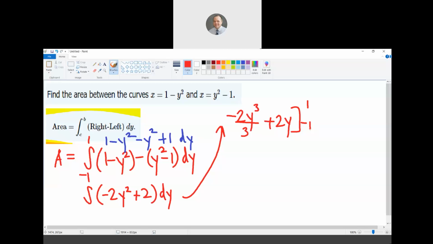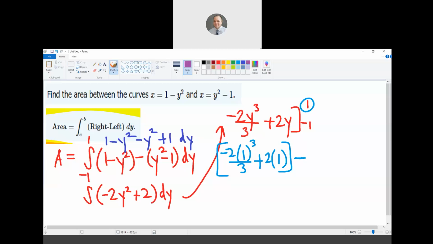Now, according to your fundamental theorem of calculus part 2, you plug in your upper limit of integration first. So we'll do that carefully. Minus, remember that minus sign is required.